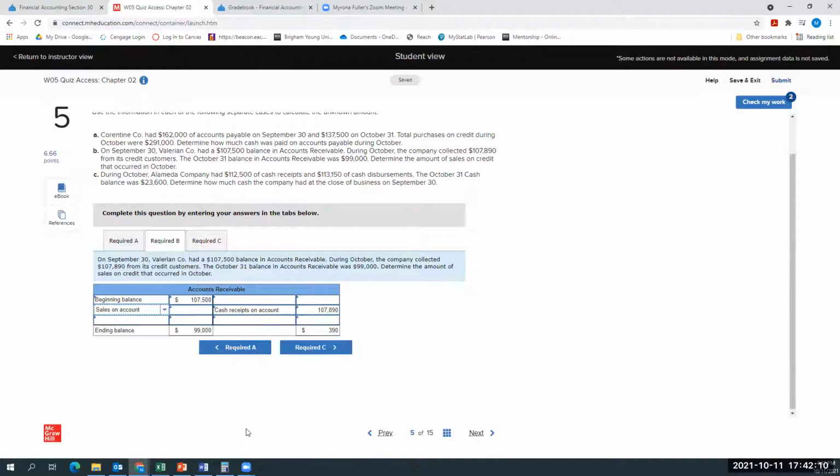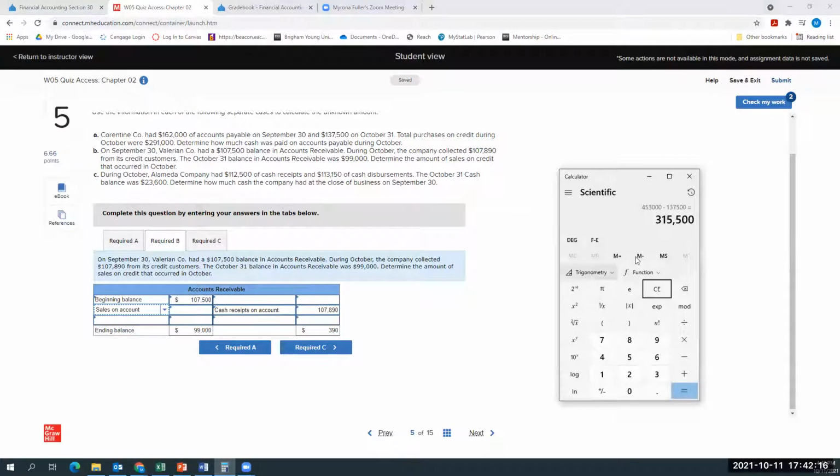The answer is simply to take the difference between these two, which is 390, and add that, because I'm putting it on the debit side, to my ending balance.